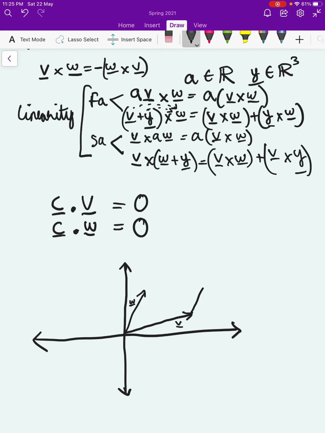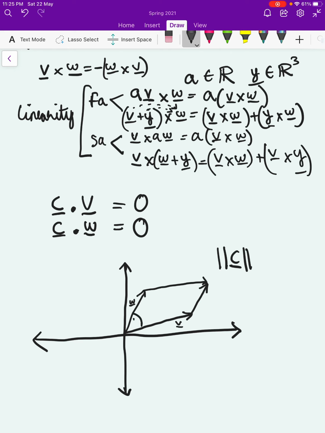We're going to draw a parallelogram. Something like this. Ignore the scale, but as you can see, it's kind of a parallelogram. Basically, the magnitude of the cross product, which is c, like this, c norm, is going to be equal to the area between w and v.